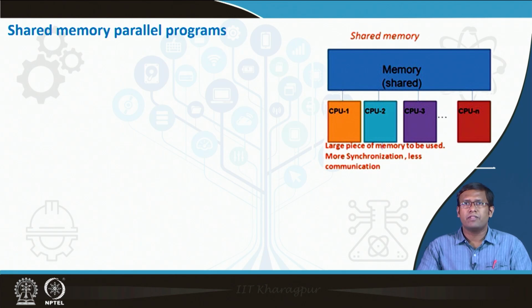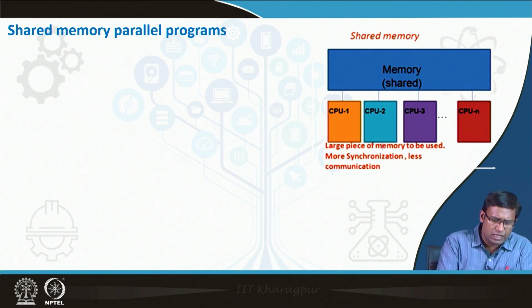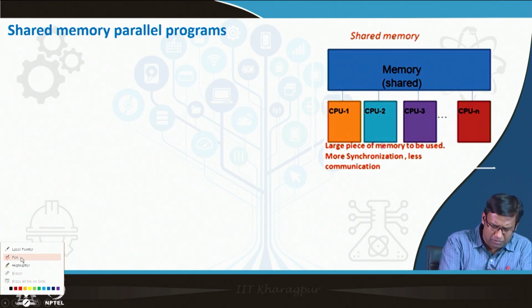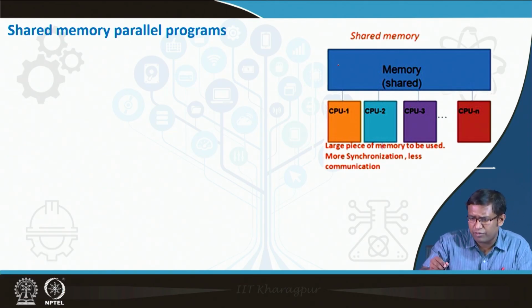We can see that if there are multiple CPUs connected with a common memory space, we can write OpenMP type of programs, which are shared memory parallel programs. And what is good here is that there is a common data space, so all the processors are accessing, say, if you have a variable or an array A, different locations of the array.